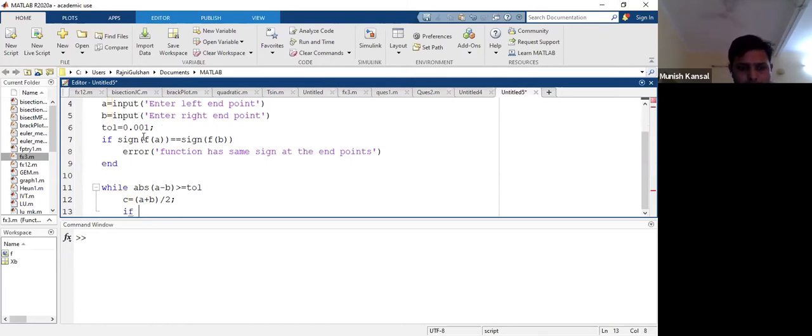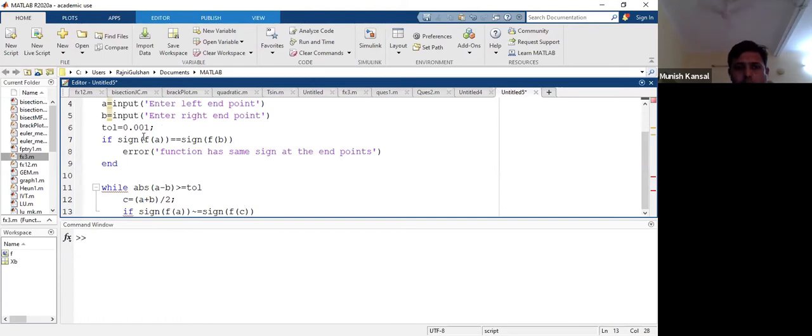Write it the same way as in the theory. If sign of f of a is opposite to sign of f of c, now you check the sign of f of c.